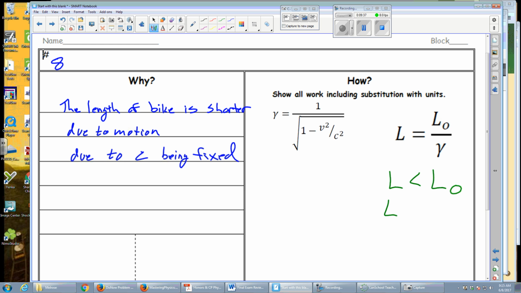So this must be from the observer's, we'll call it the Earth's, frame of reference, and this must be from the bike's frame of reference.